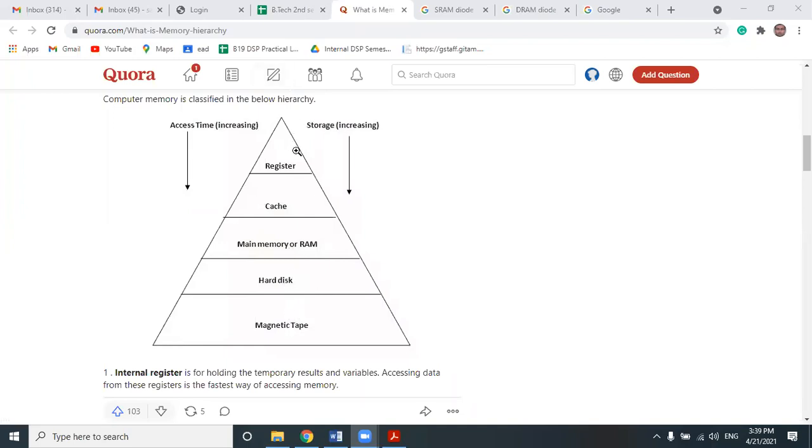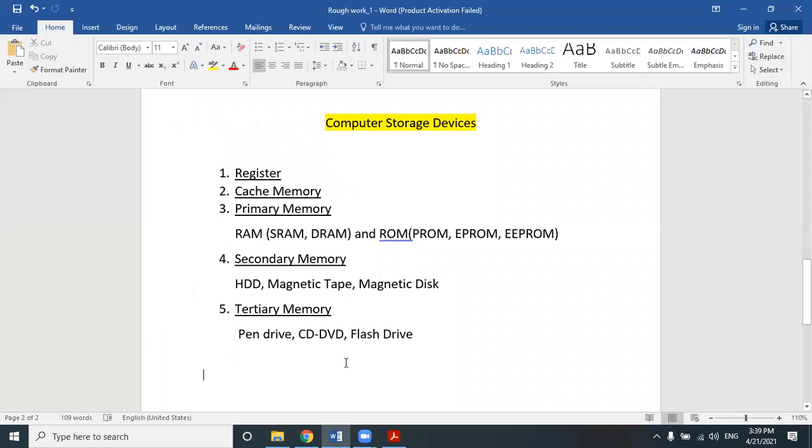So in this computer memory, a register generally contains 1 bit of data. Remember it. So 1 bit of data means either 0 or 1 at a time the register will store.